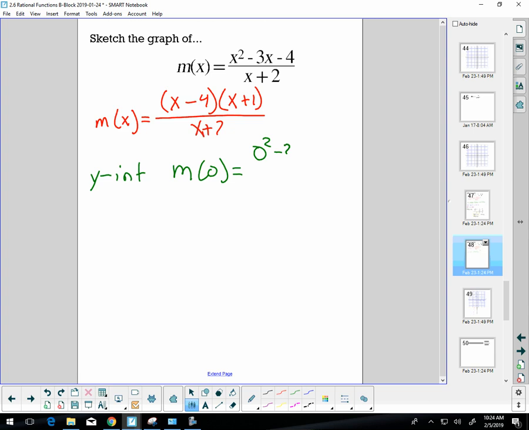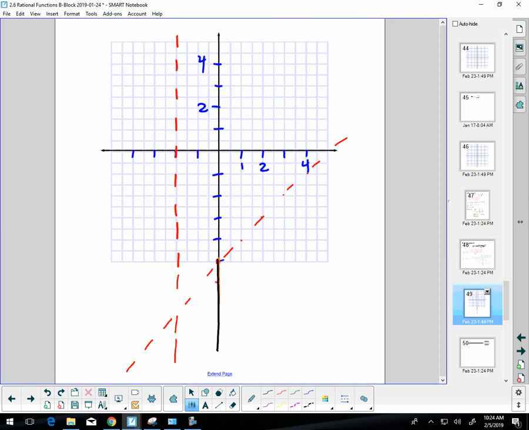So I had 0 squared minus 3 times 0 minus 4 over 0 plus 2. And as usual, we just end up with the ratio of the constants. So I have a y-intercept at negative 2. So I can go back to my graph. I can plot a y-intercept of negative 2. That helps. I know the graph is going to exist in that piece of the graph.